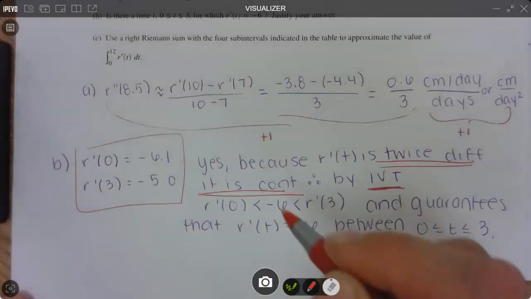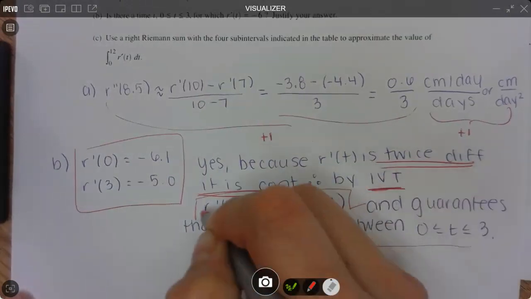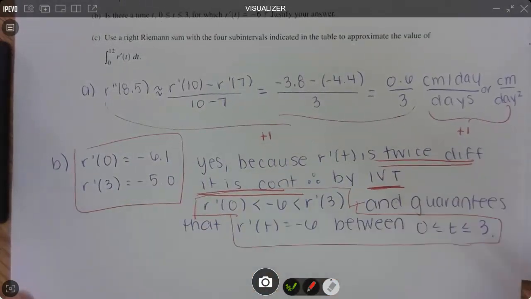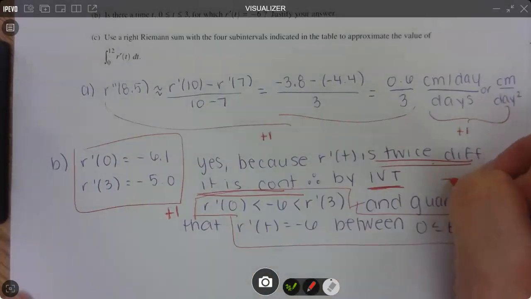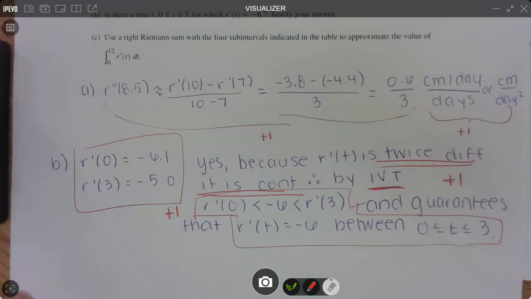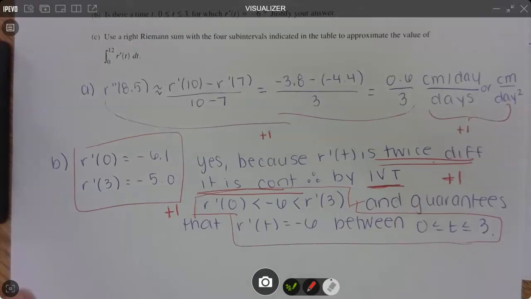You must also somewhere show the box. So the boxed part is worth 1 point. This statement is worth 1 point. This would be 2 points. So you now have 4 of the 9 points.